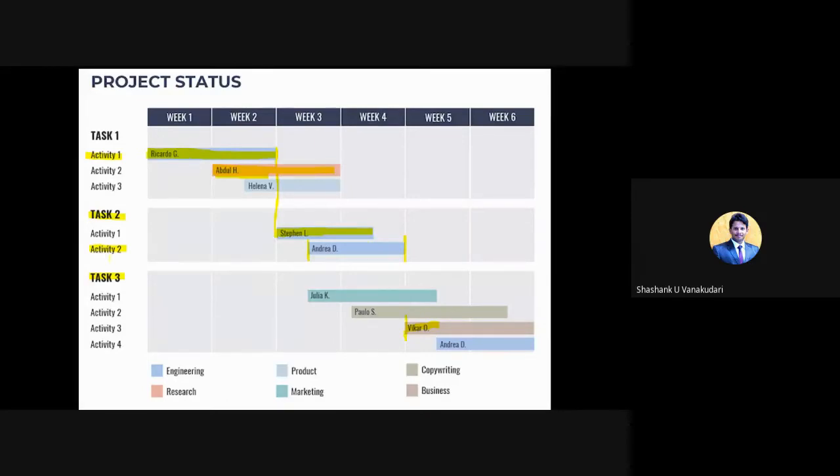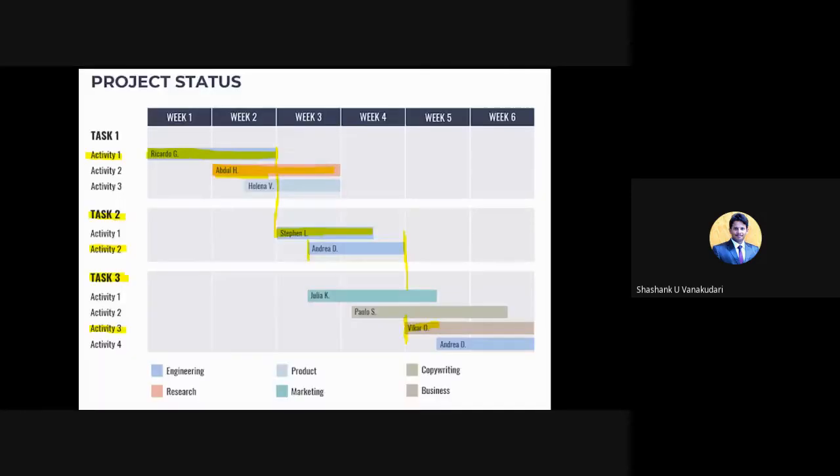After finishing activity 2 from task 2, activity 3 is going to start from task 3. So after finishing this part, this is going to start. Like that, we can divide the activities depending upon the quantity of the project or the total project, and then we can prepare this Gantt chart.